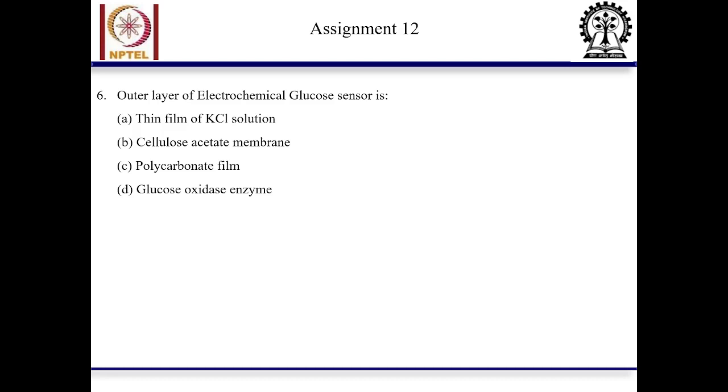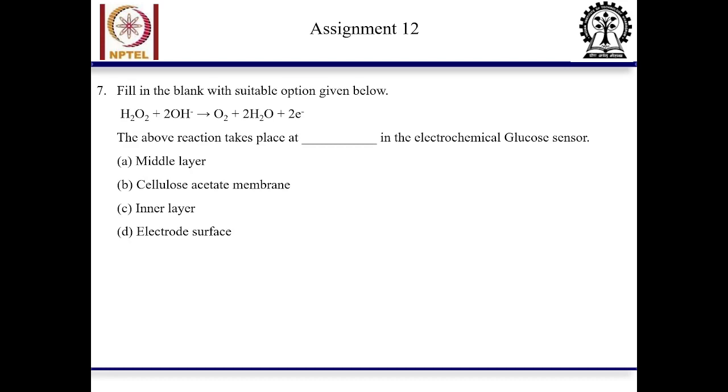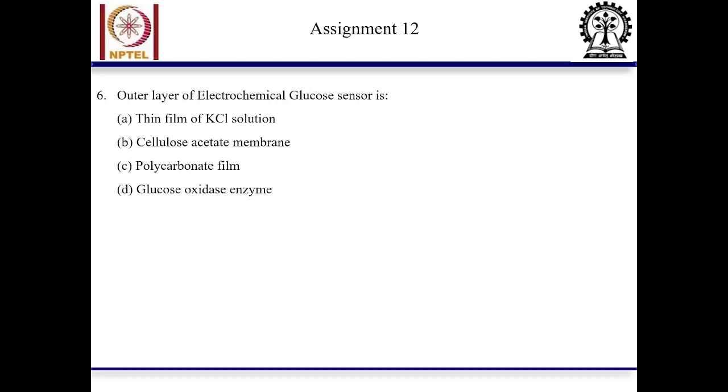The outer layer of the electrochemical glucose sensor. If you have seen the professor's lecture on the glucose sensor, he discussed what the outer layer of the electrochemical glucose sensor is and what the importance of this outer layer is. Anyone can write in the chat box. What is the answer?